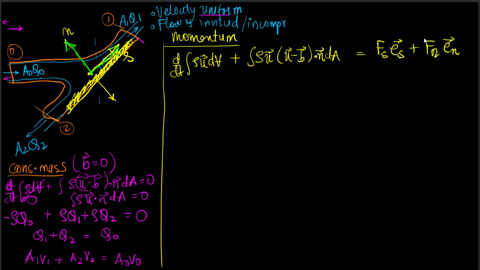So these are the forces acting on the control volume, that is on the fluid due to the solid plate. So this particular term will vanish because everything is steady and the control volume is not deforming. What about this? It will be rho u dot n dA.